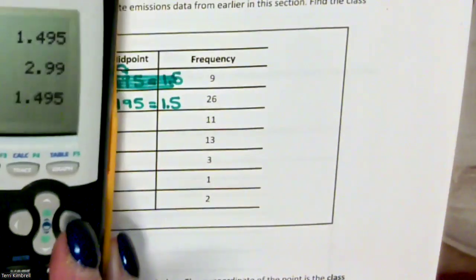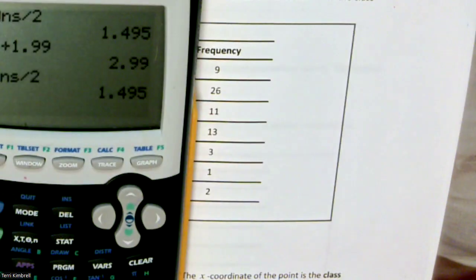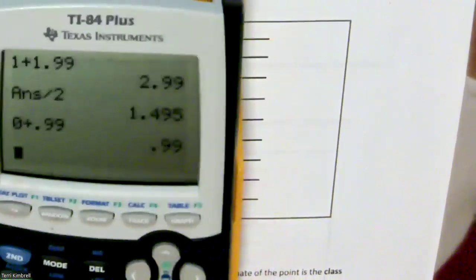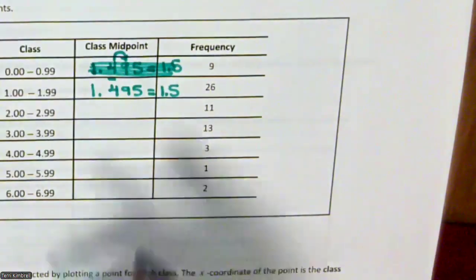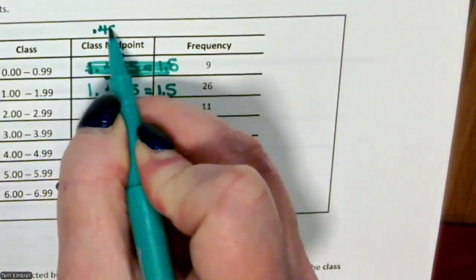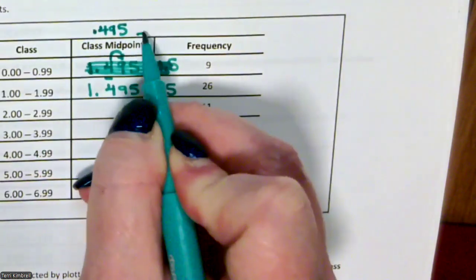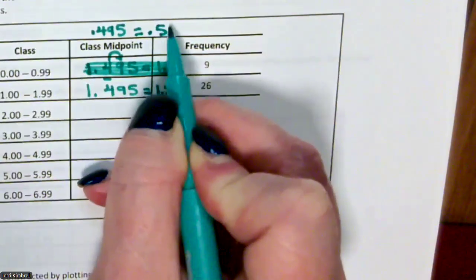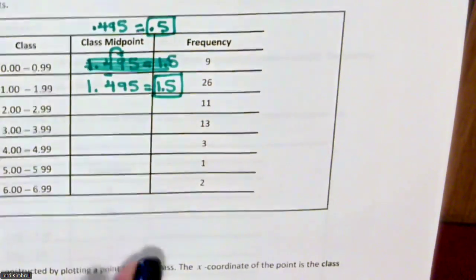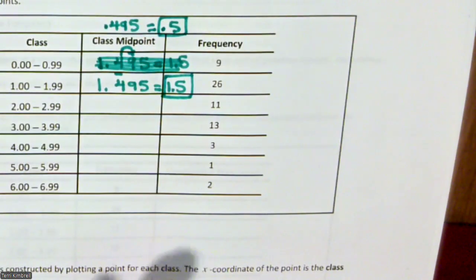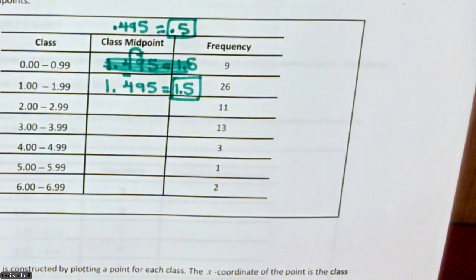Okay, so the other one was 0 plus 0.99. And then I would divide that by 2, and that should be 0.495, which is approximately 0.5. So it just depends on how they're asking you to round. So just be very careful as you're going through that and pay attention to the rounding.